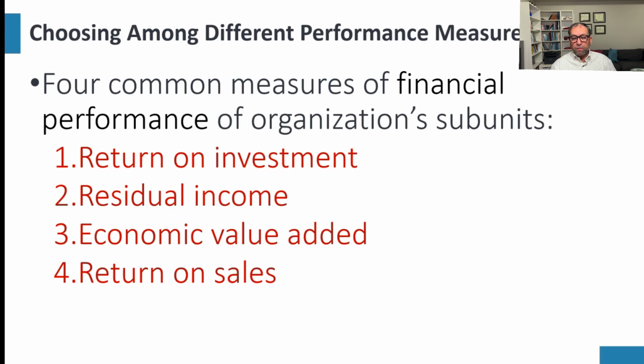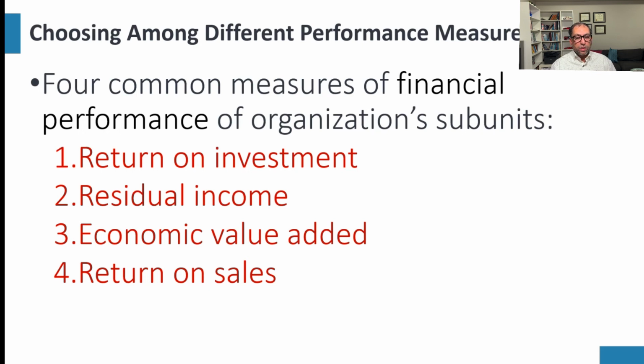This is a very simple, straightforward ratio we calculate in most accounting analysis. Then we have residual income. That's a modification of this ratio in order to calculate what is really left over for the stakeholders. Economic value added, how much value they have added economically, and the return on sales.